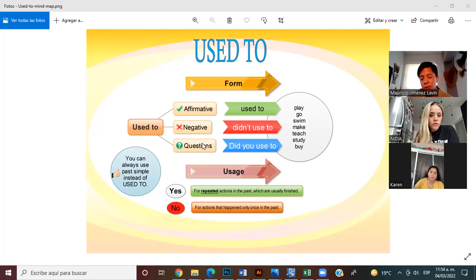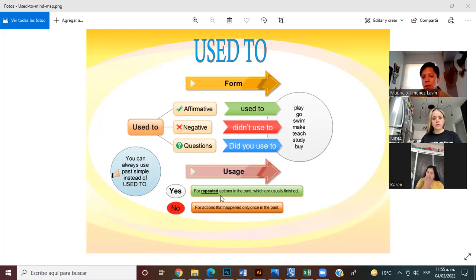Then when we make a question, it's the same idea, but we need to swap the auxiliary form. In this case, we need to use did, you, used to, and then play, go, and the infinitive form. Okay? So you can always use past simple instead of used to.